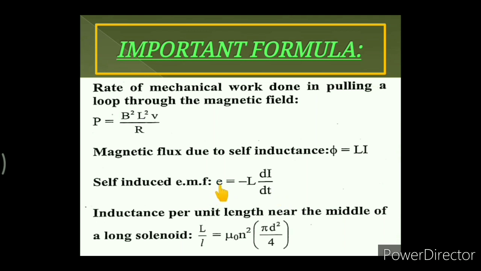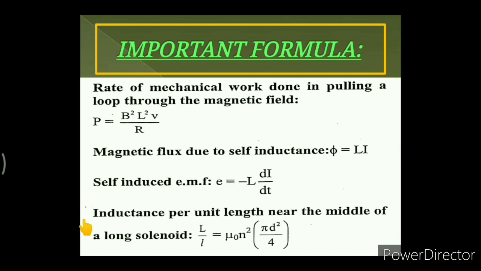As the EMF induced is given as minus d phi by dt as per Faraday's law, and the value of phi is LI, here L is constant and I changes with respect to time. So E is equal to minus L di upon dt, where the negative sign indicates that the induced current or induced EMF tries to oppose the change or the cause which produced it.